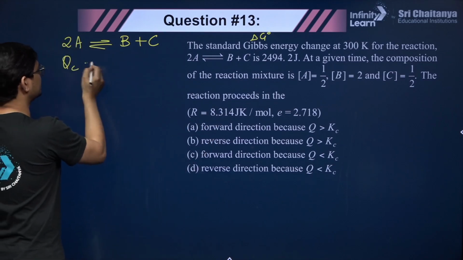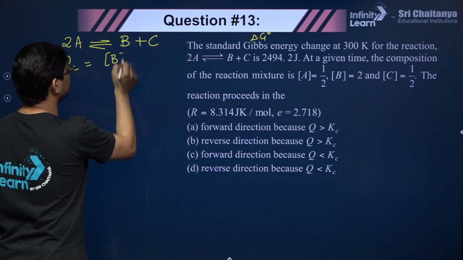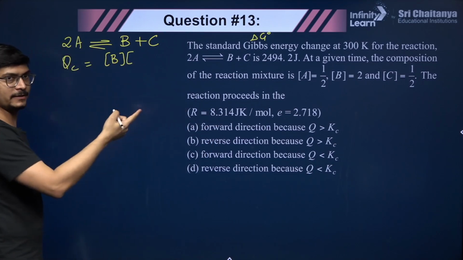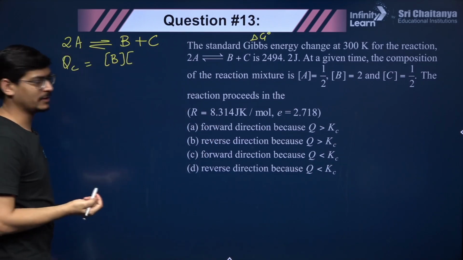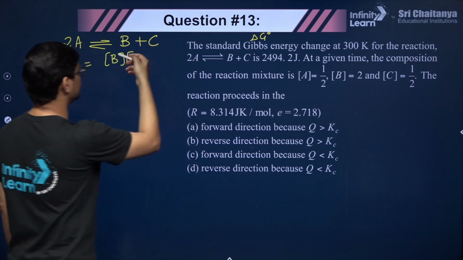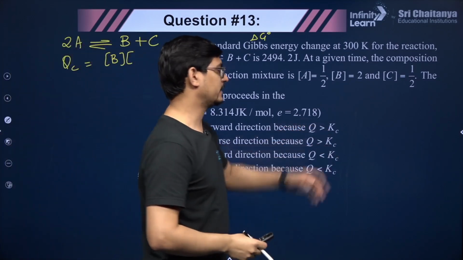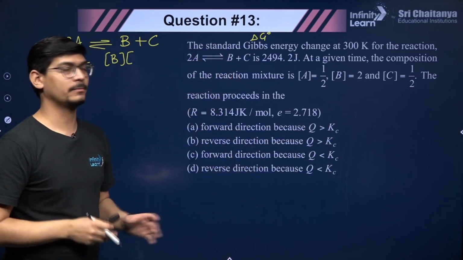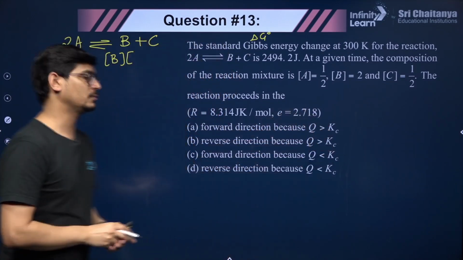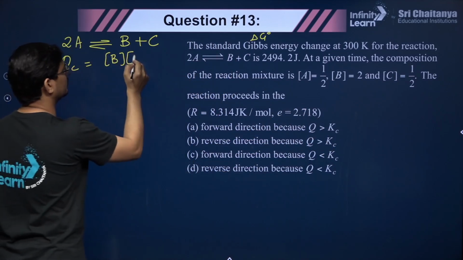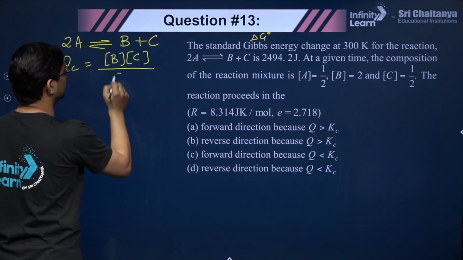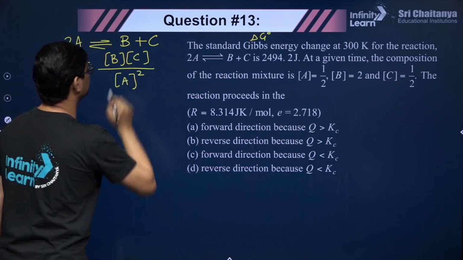Qc is expressed in the same way as Kc, because Kc is in fact a special case of Qc, right? You guys know that the ratio of products and reactant concentrations becomes equal to Kc when the reaction reaches equilibrium. So please remember, Kc is a special case of Qc only. So Qc is B times C divided by A square, right?